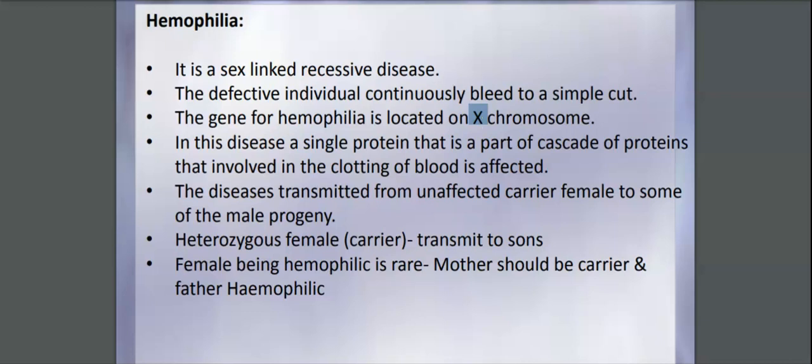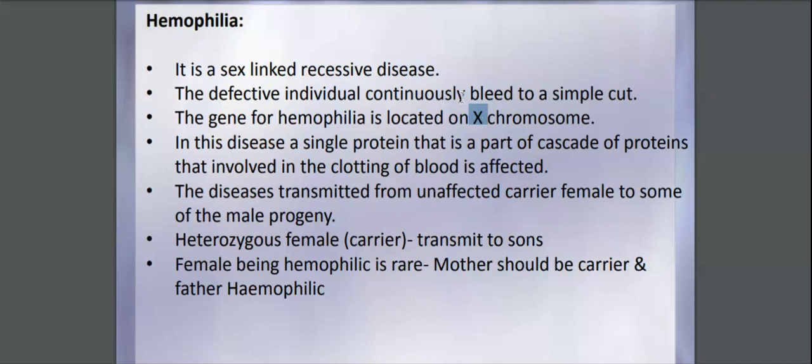So if that recessive gene happens to be on that X chromosome, the male individual will be hemophilic. But the daughter, if she has just one X carrying the recessive gene, the other X can hide or mask the effect of this gene because the other X will have a dominant gene. Okay, so this is to be kept in mind.